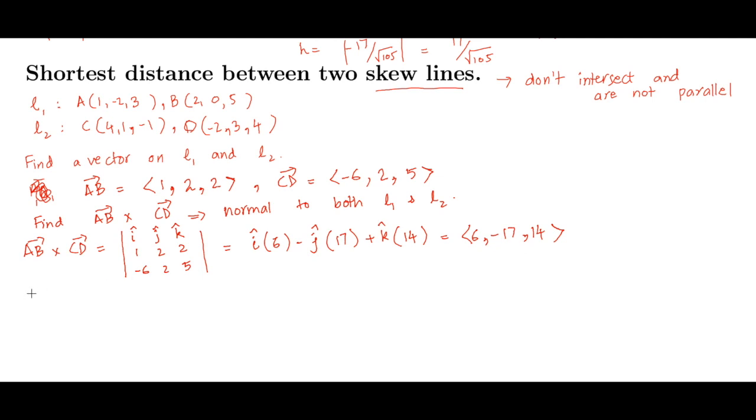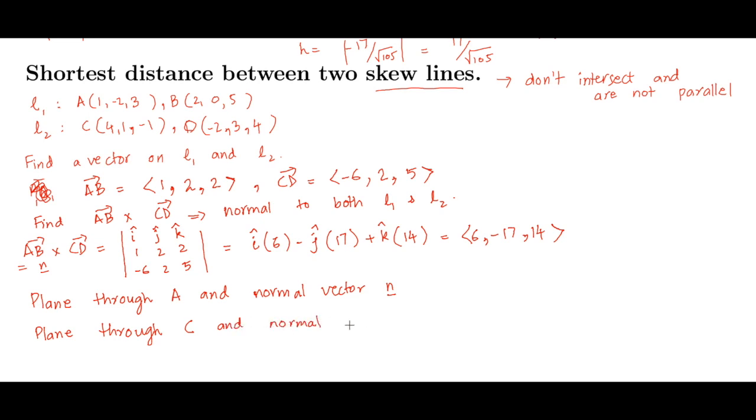Okay, now note that a plane through A and a normal vector N, let's call this guy N, and consider another plane through C and normal vector N. So these two planes will be parallel.